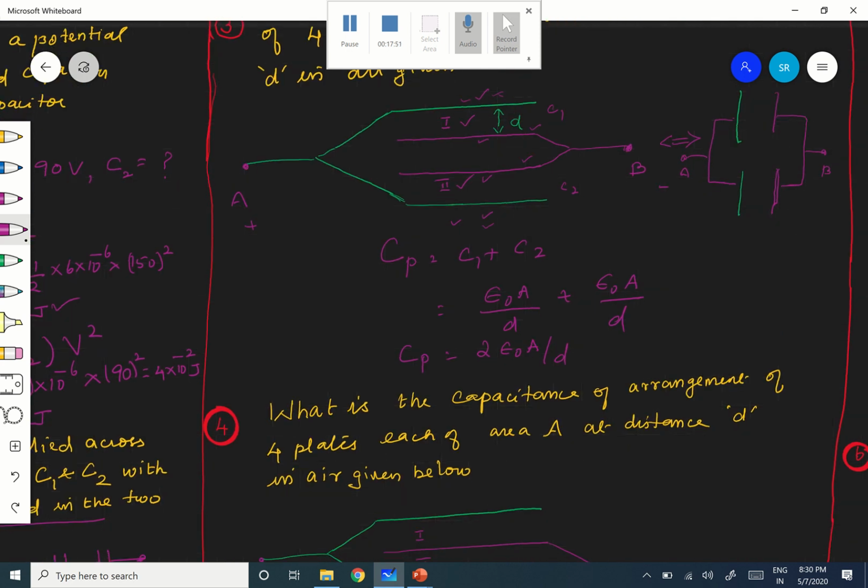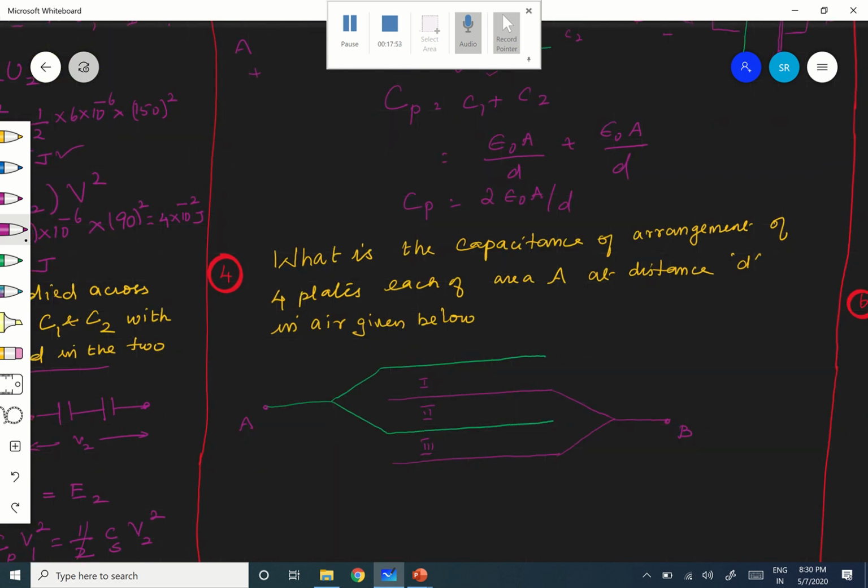The next one is very similar. Here there are three plates, and each is one capacitor, so there are three capacitors, and one plate of each capacitor is connected here.